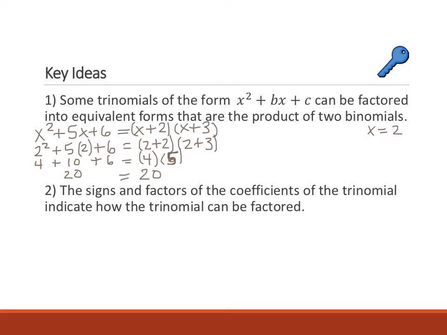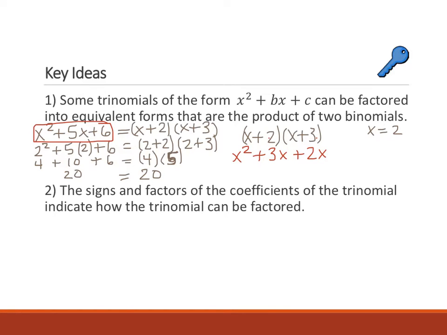Another way that I could demonstrate equivalency for you is to take the two binomials, x plus 2 and x plus 3, and multiply them back together again. When I multiply these binomials, I should have a product of the original trinomial. Let's see if it works. X times x is x squared. X times 3 is 3x. 2 times x is 2x.